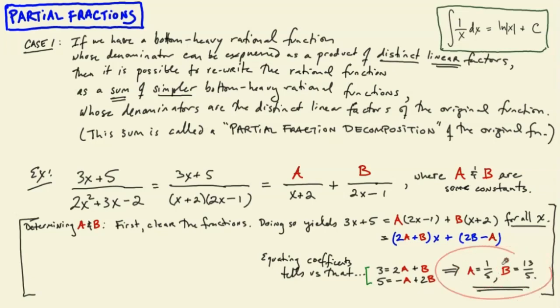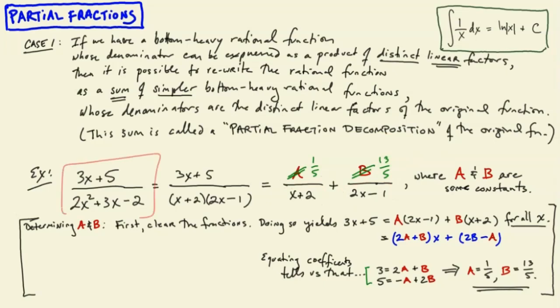So if we substitute those values back into our original expression, we would see that our original bottom-heavy rational function can be decomposed into partial fractions in this way: 1/5 over x plus 2 plus 13/5 over 2x minus 1. And you should see how this will ultimately help us in integration.